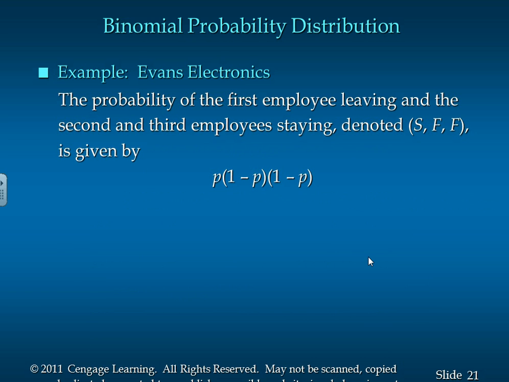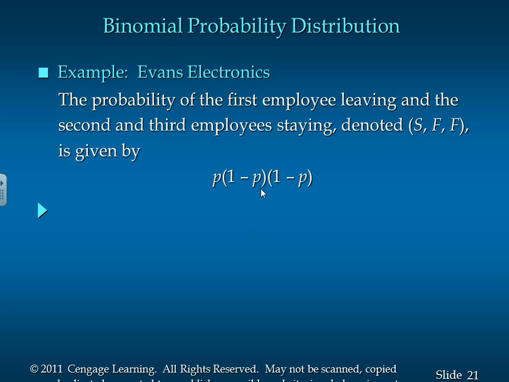Let's see. The probability of the first employee leaving is p. The probability of the second employee leaving, 1 minus p. And the third employee staying. So leaving, staying. Okay, so the probability of staying is p.